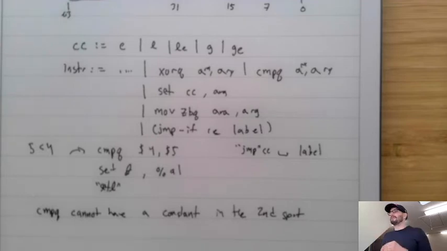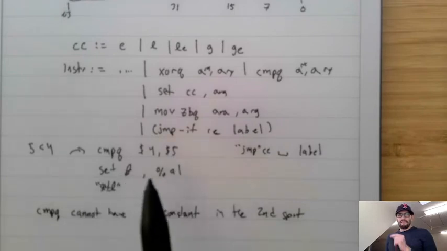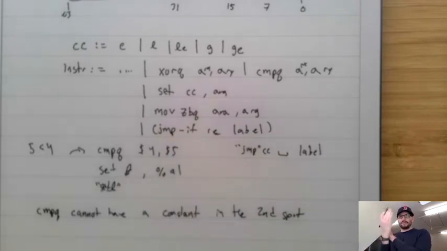What I mean by flip it to the opposite is, suppose that you wanted to do a less than between A and 5. Well, that 5 can't be a number. So that means that you need to switch them. And now once you switch them, your less than becomes a greater than or equal to. So inside of your code, you're going to have some logic there for making sure that you don't generate a comparison that has a constant in the second spot.